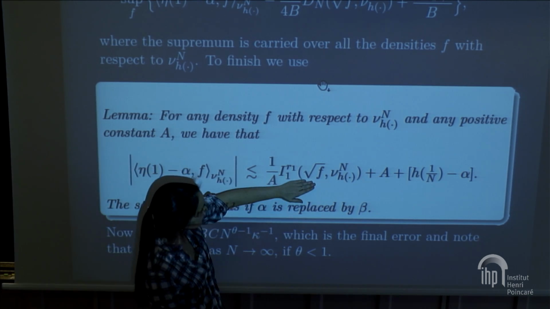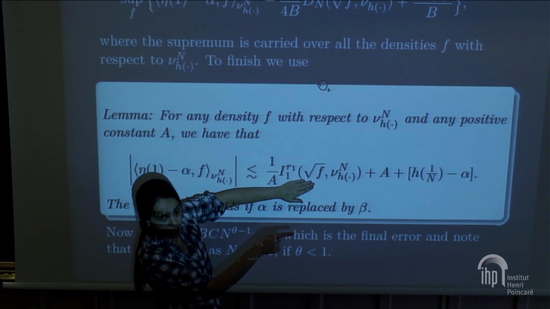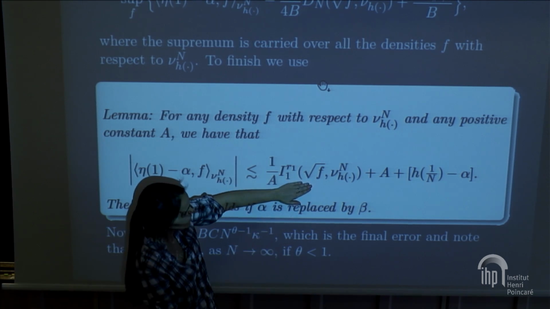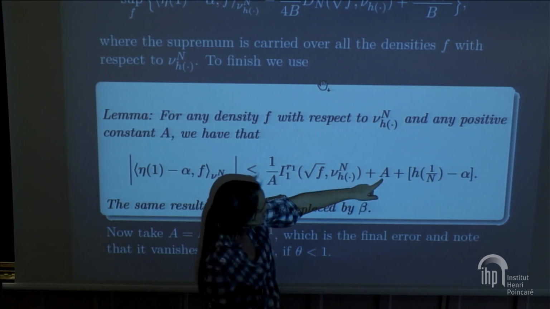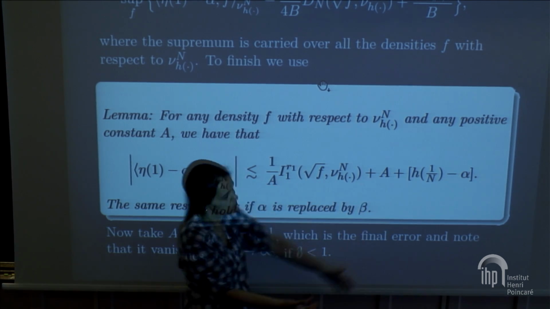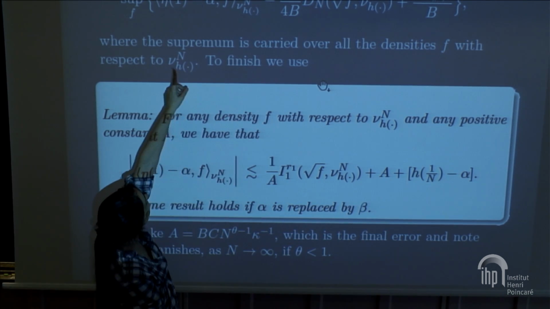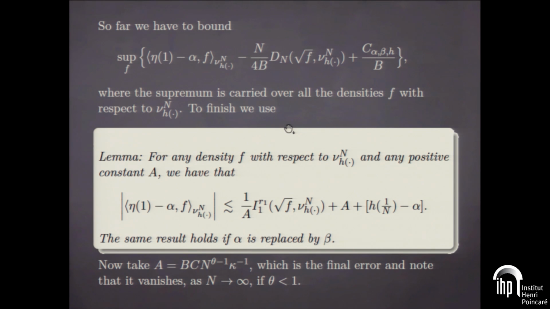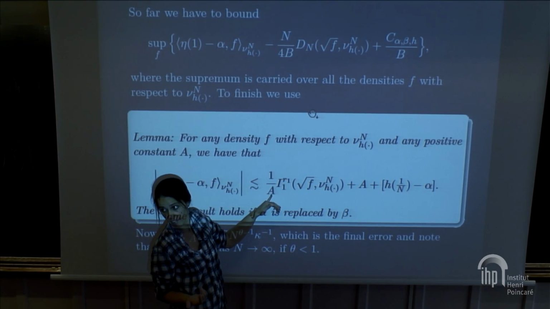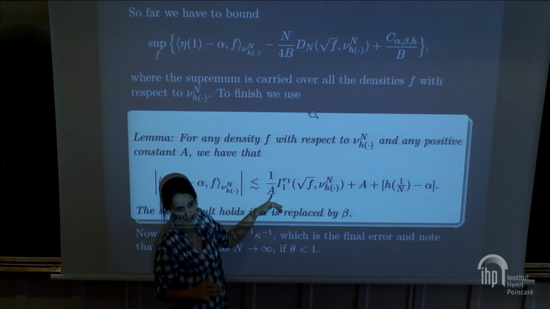And I have this term, which is related to the false Dirichlet form in the left boundary, plus again, a term A. And the choice of A is the one which is giving me the error. Because if you see, if I put this guy over there, the error is 1 over A, this guy, plus A, and this guy is 0, because I take the profile which is locally constant. So my choice for A is going to give me the error at the end.